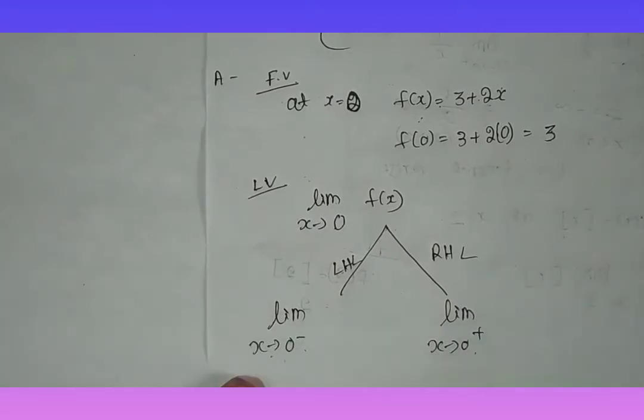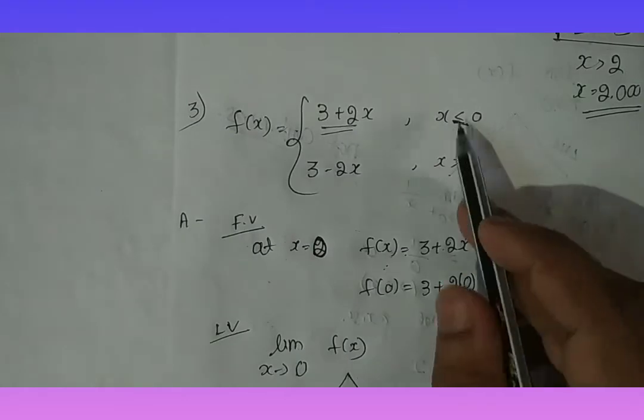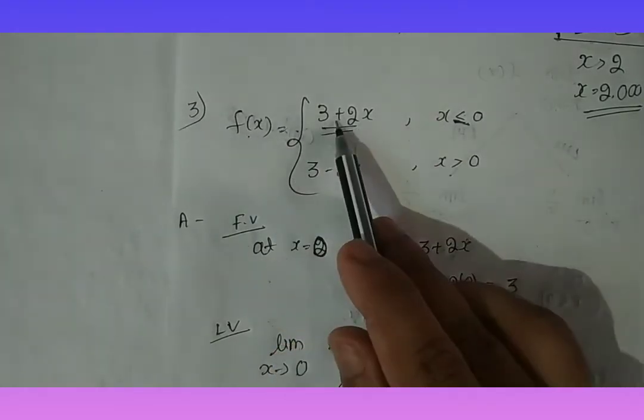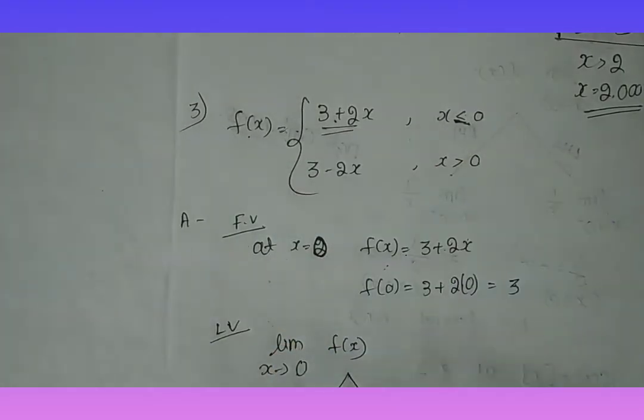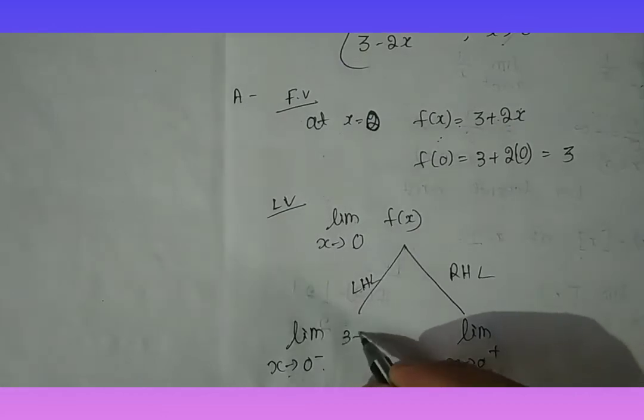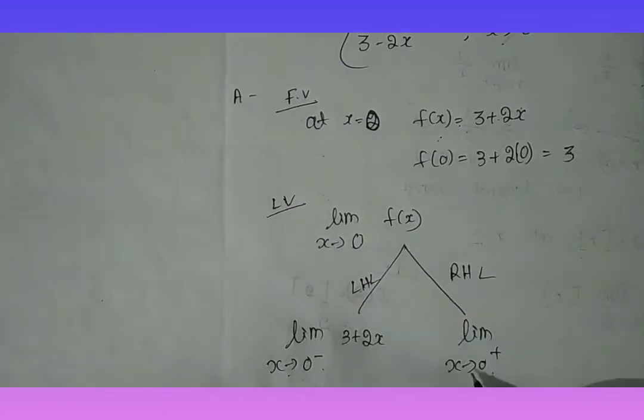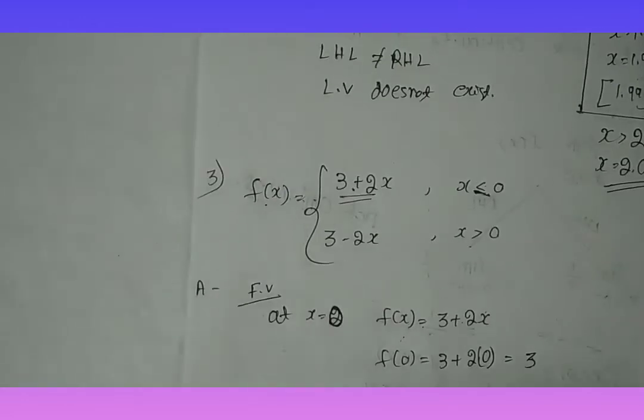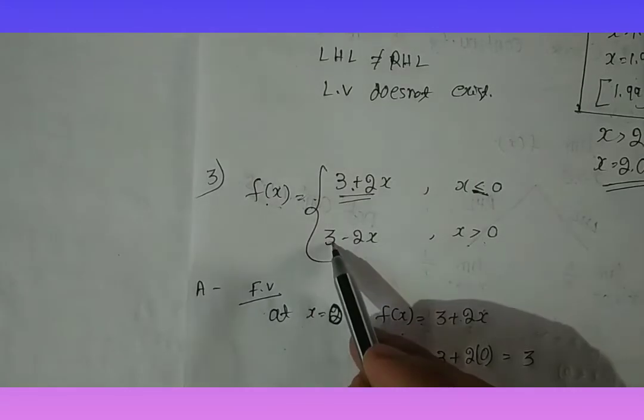x tends to 0 minus means x is less than 0. When x is less than 0, f of x equal to 3 plus 2x. So write here 3 plus 2x. What about x tends to 0 plus? In this case, the value of x is greater than 0. x greater than 0 means f of x equal to 3 minus 2x.